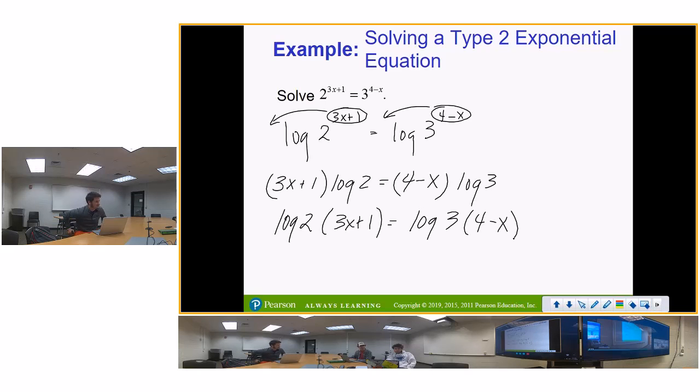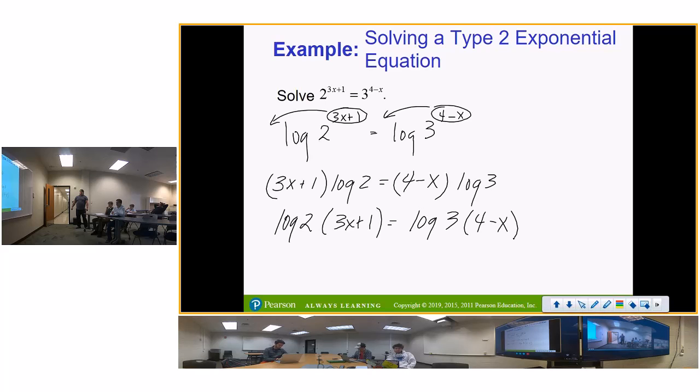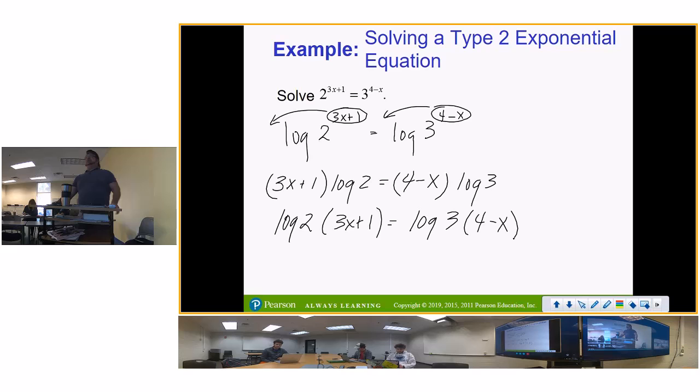Because what have you been doing since pre-algebra when you have parentheses? Oh yeah, I'm sorry. This is where you stare at it and blank out and do nothing, even though you've been doing it for the last 3 or 4 years. What have you been doing for the last 3 years?